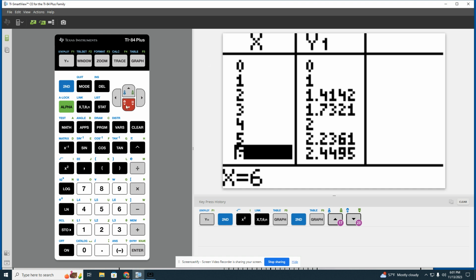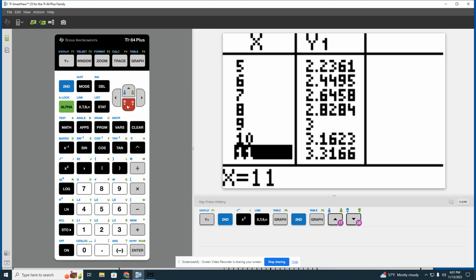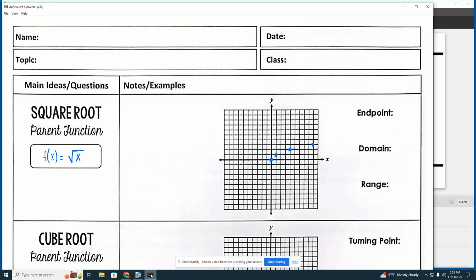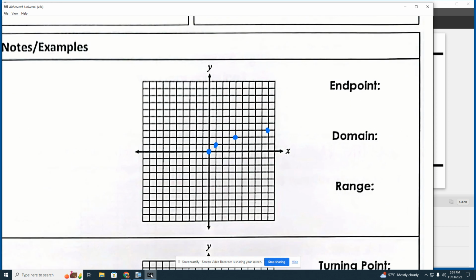Let's scroll down a little bit, and there it is. 9, 3. So again, I'm going to go back to my graph, and sure enough, notice this thing starts right at your origin, and it just kind of curls up and to the right.